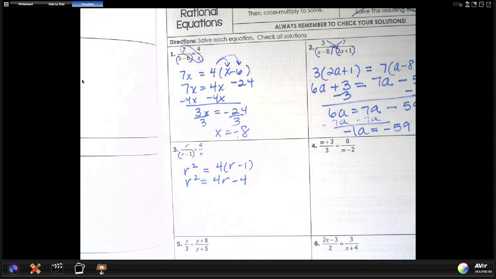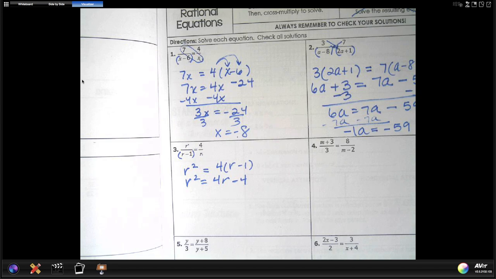What type of equation is this? Quadratic. How do you solve quadratic equations? Well, if we didn't have this, then we could square root both sides. But since we have an r here, what would we do?